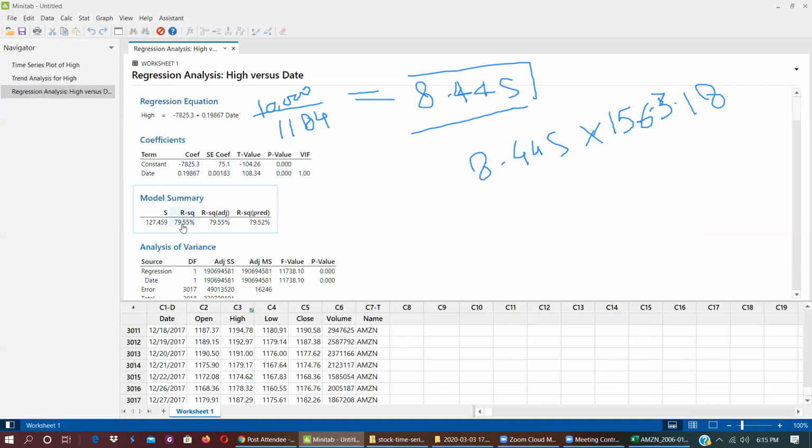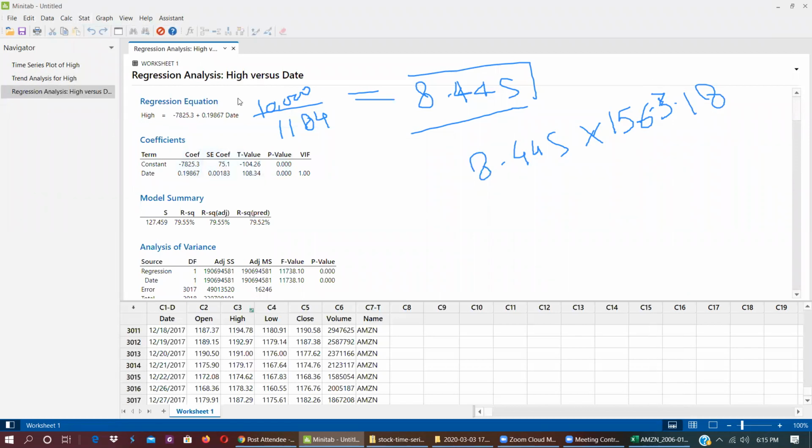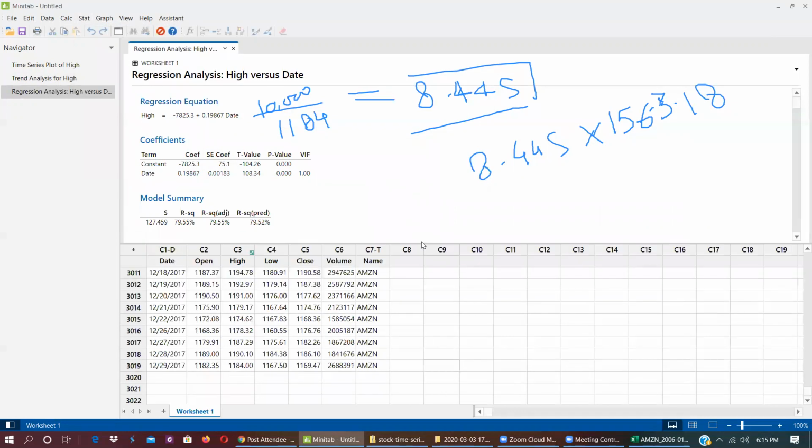R square can also be obtained here, though that is not important. However, the assignment is totally based on how you choose your investment decision. We are not asking about regression and other things.